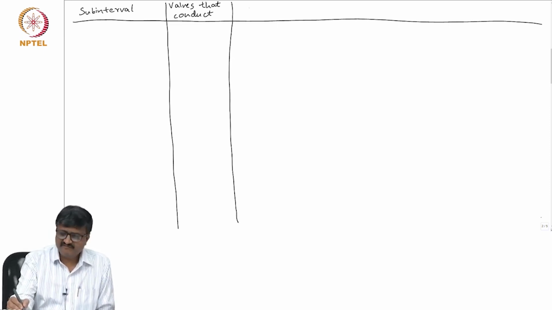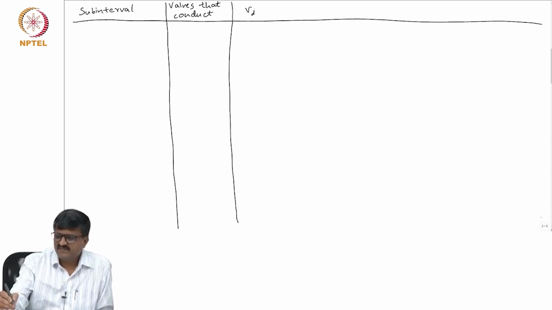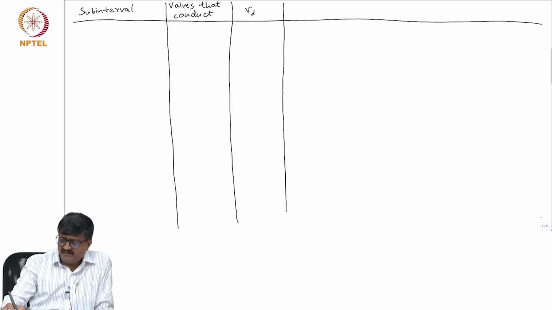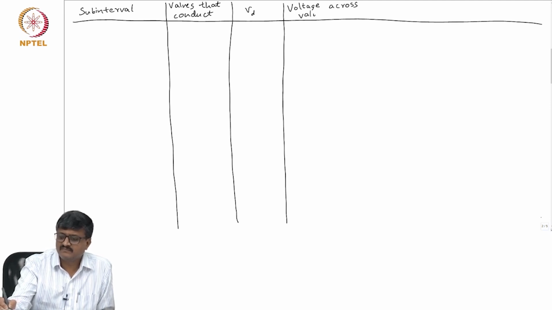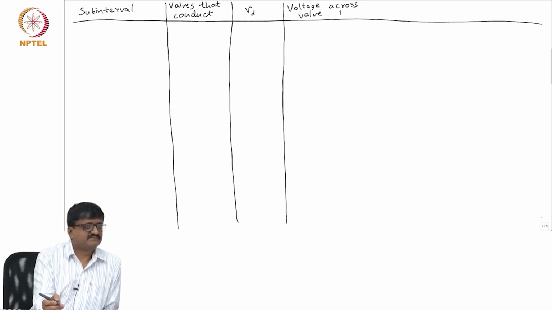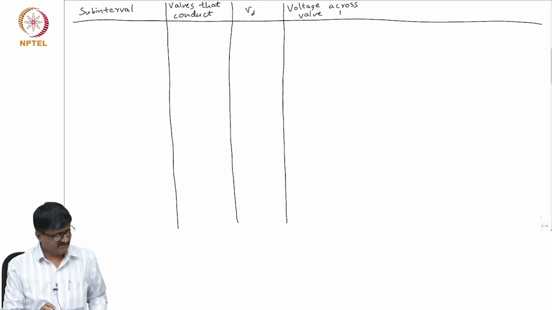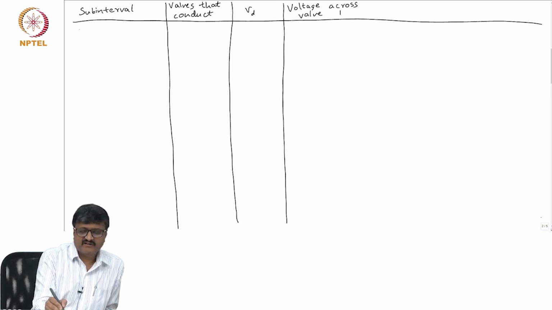Then the expression for the instantaneous DC side voltage V d, and finally the voltage across valve 1. What is the first subinterval? We always take the starting point as the instant of turning on valve 3. Valve 3 is turned on at alpha, so the first subinterval is from alpha to alpha plus u.